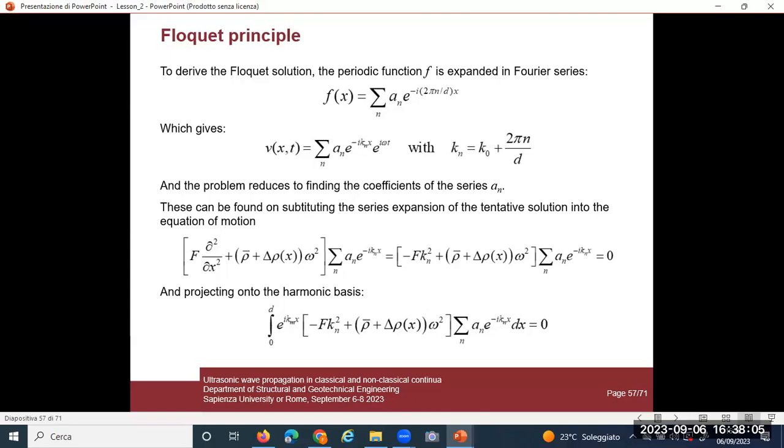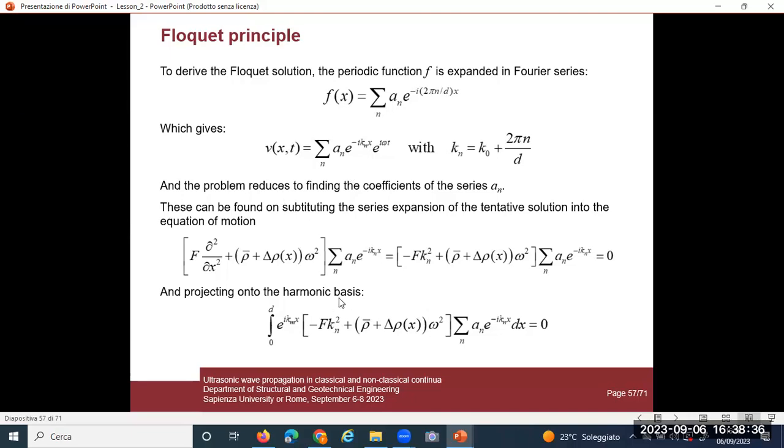You expand f of x, the modulated amplitude, substitute it in the solution, and basically the problem reduces, quote unquote, because it's not easy to solve, but anyway, it reduces to finding the coordinates of this series, sorry, the coefficients of this series. So A sub n.